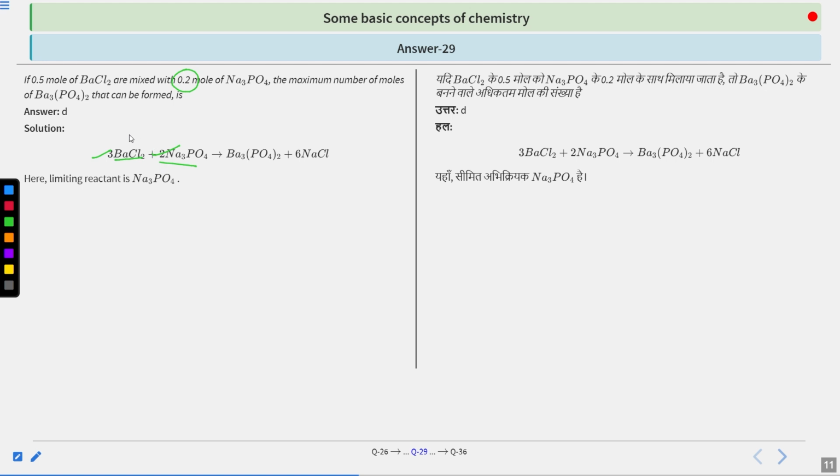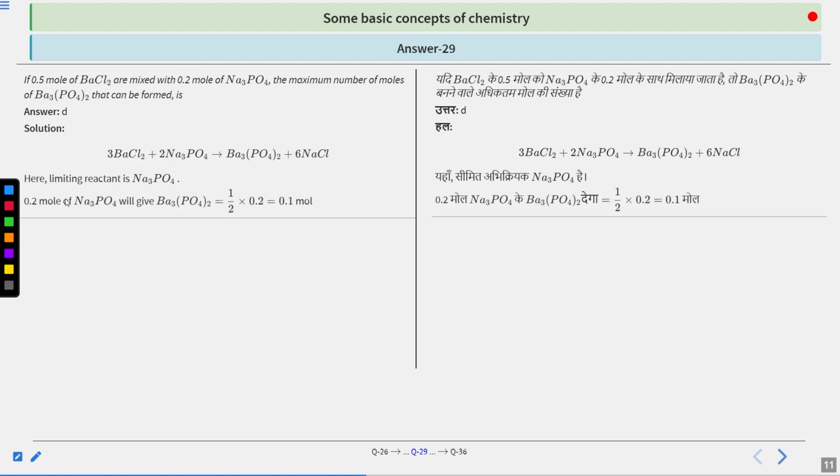Therefore 0.5 will react with 2 by 3 into 0.5, that is 2 into 0.5 which gives 1, divided by 3, that is approximately 0.33 moles. But this many moles of Na3PO4 are not present, so we will do the first one only. So Na3PO4 is the limiting reagent. We can say it very easily. Again, coming back to the point that 0.2 mole will react with 0.3 mole of BaCl2.